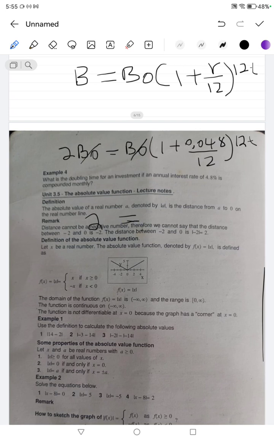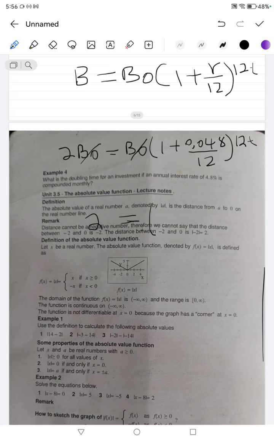Okay, let's just check. I don't have a calculator for this one. Okay, can someone quickly calculate what's the internal part? Okay.